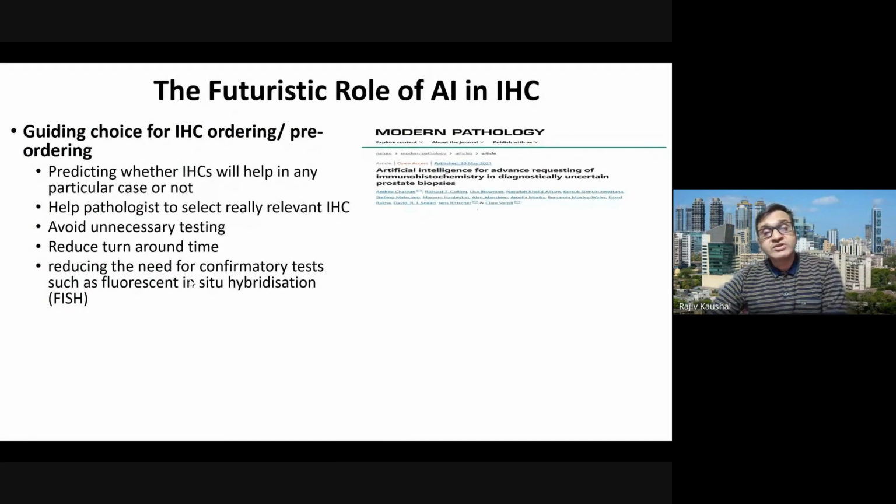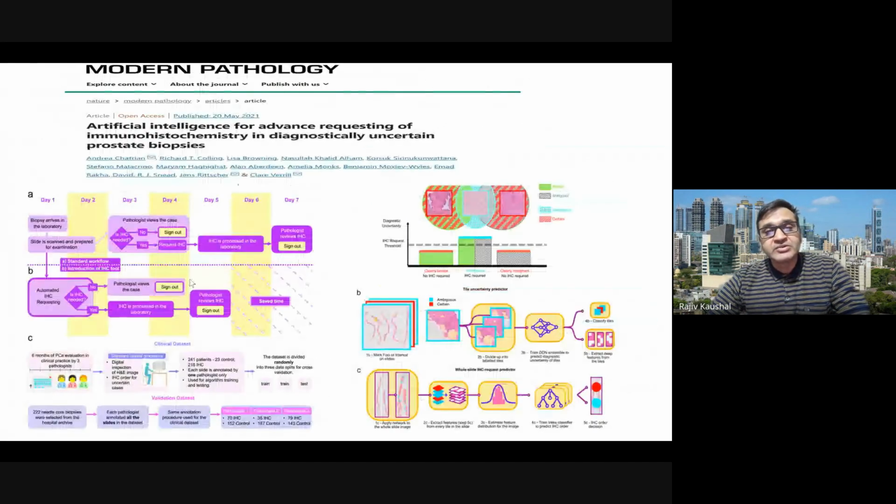There are some futuristic applications of AI in IHCs, and one of them is pre-ordering of the IHCs using these algorithms. A good example is prostate biopsy cases, where the cases are scanned and the algorithm is run.